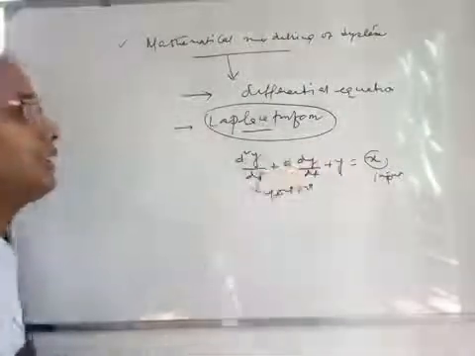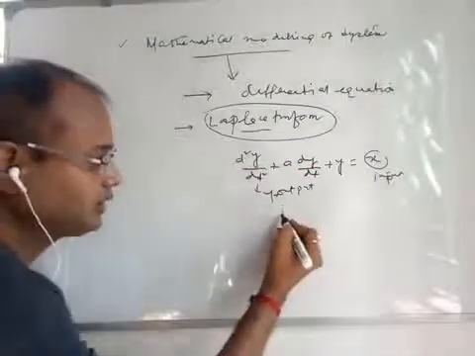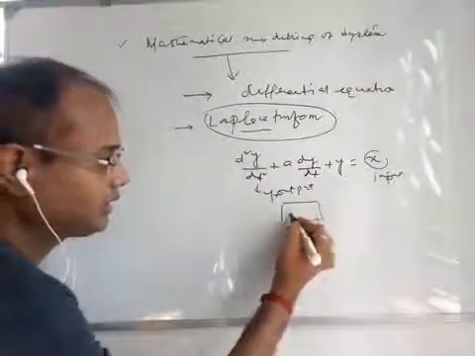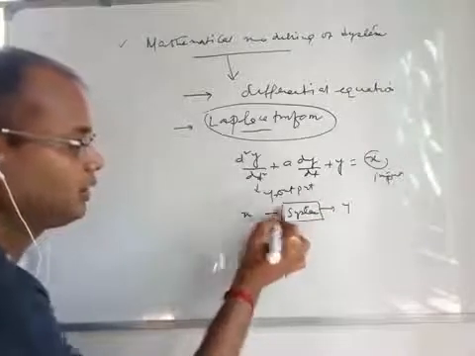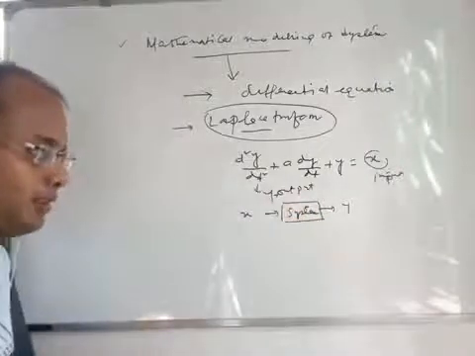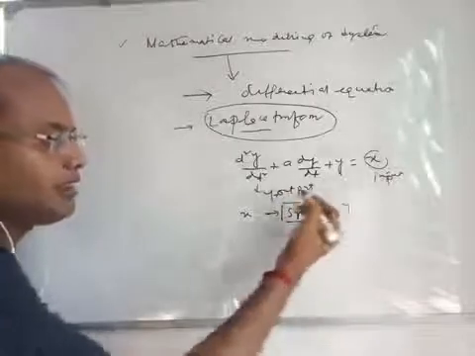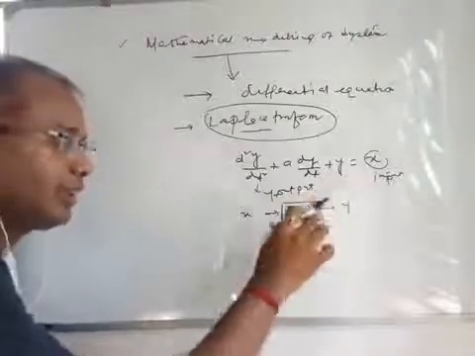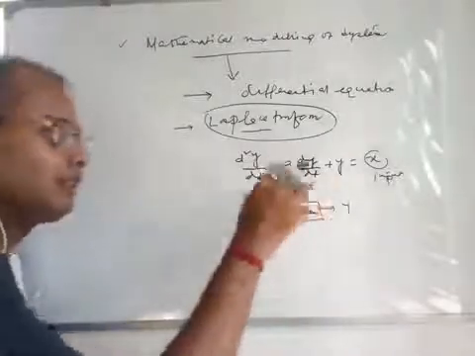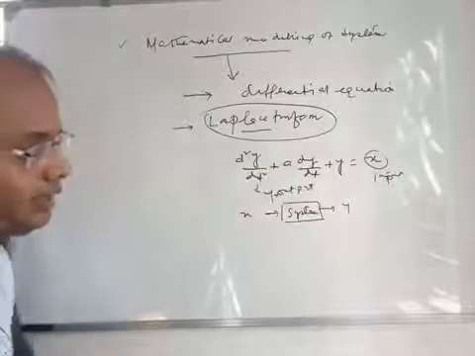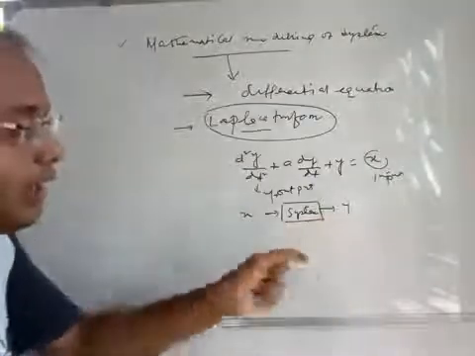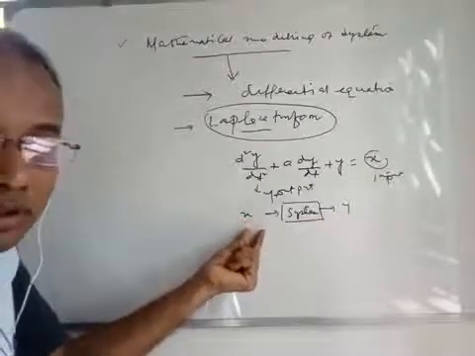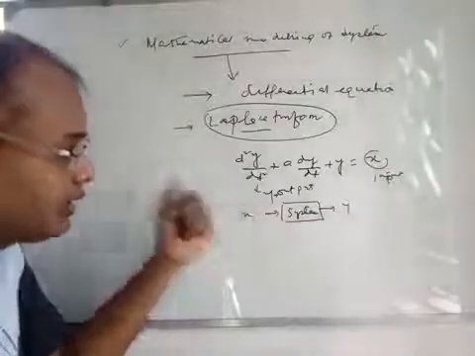Normally in mathematical modeling we describe the system input output relationship. So if the relationship of the input output is described by a mathematical equation, that is the mathematical modeling of the system. And normally the variable y is used to denote the output and variable x is used to denote the input.